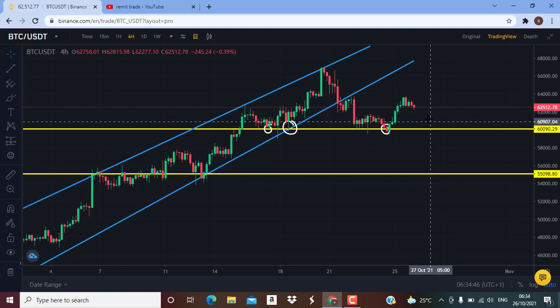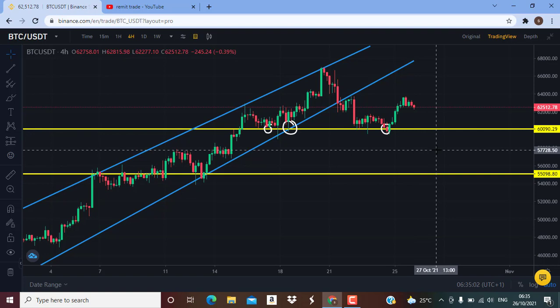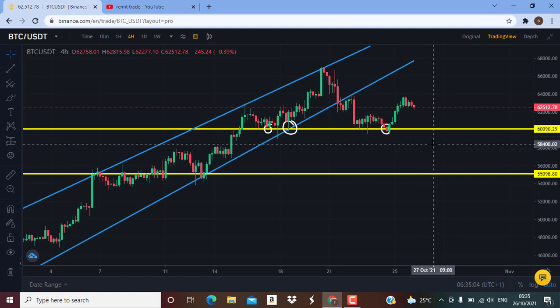In my own opinion, if we see that happen with a bearish close, the market is going to go back down to this area. The reason I emphasize that is because it's very key and important to your holdings of other altcoins, because if we see that in BTC, all other altcoins are going to follow it directly, and the market is going to head right down in a short while.